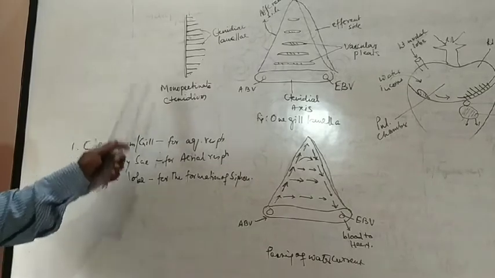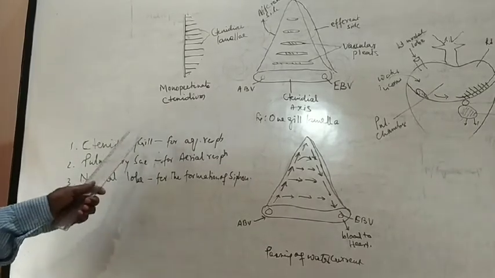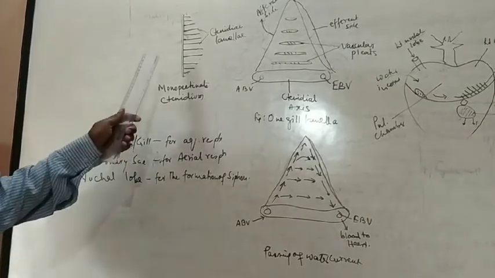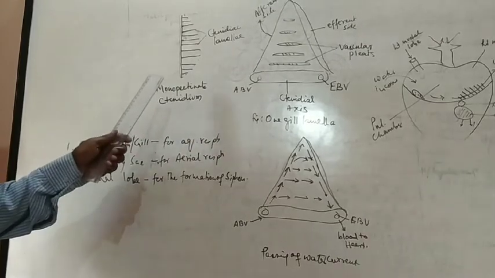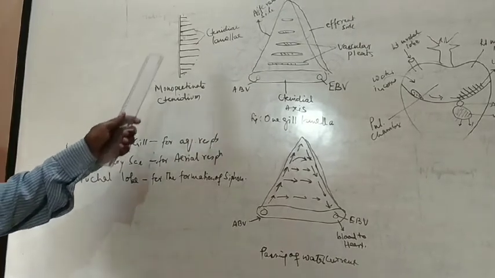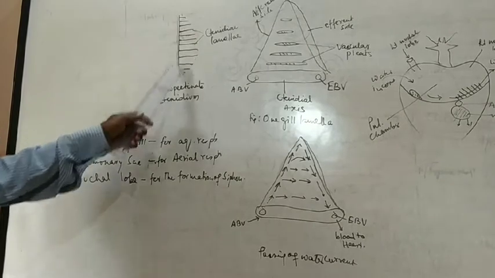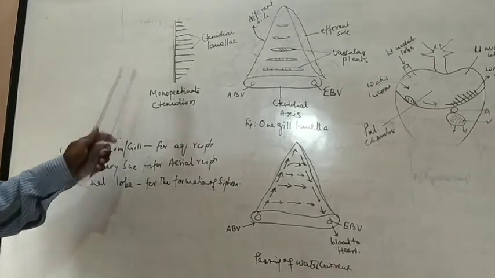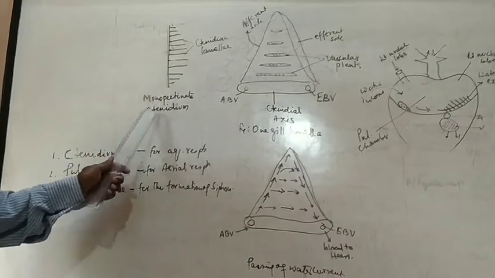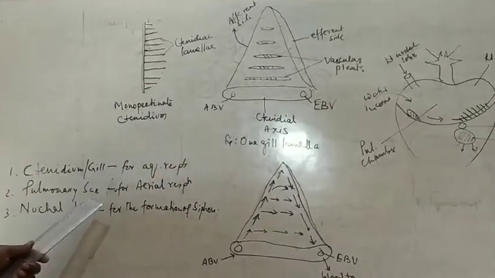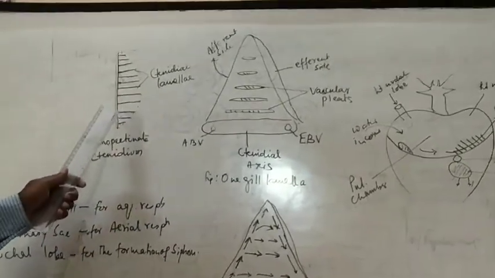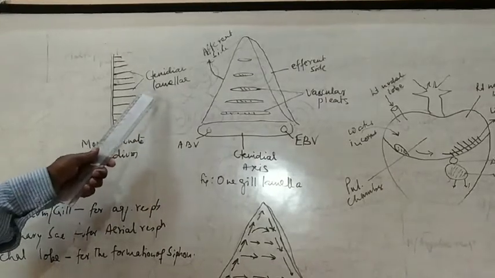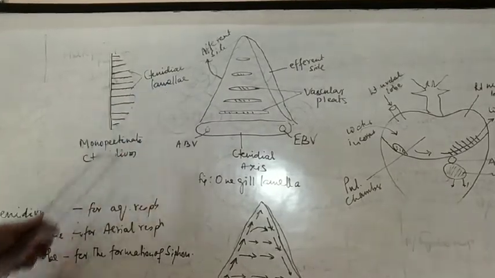It has a single axis, and all the gill lamellae are arranged parallelly, which I have shown in that diagram, which more or less looks like a comb. That is called monopectinate ctenidium, which contains lamellae known as ctenidial lamellae. Okay.